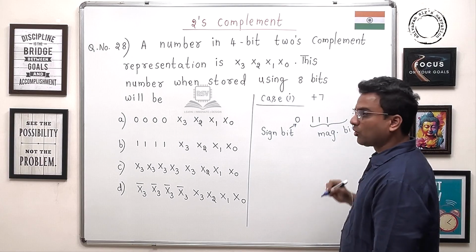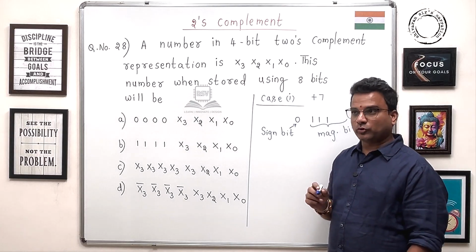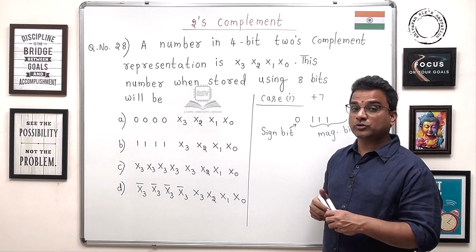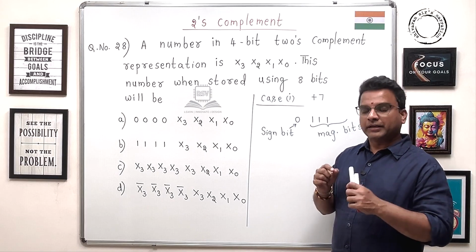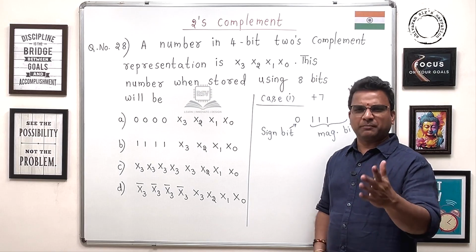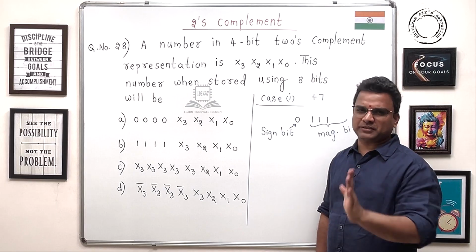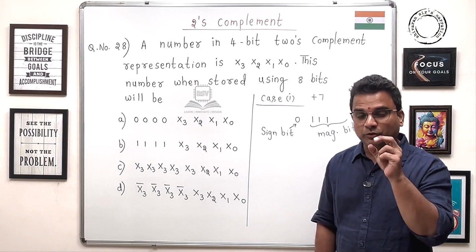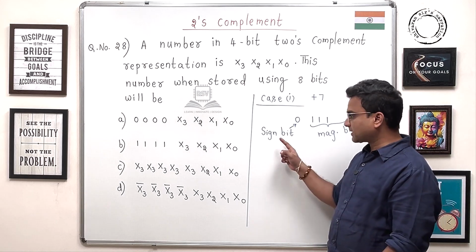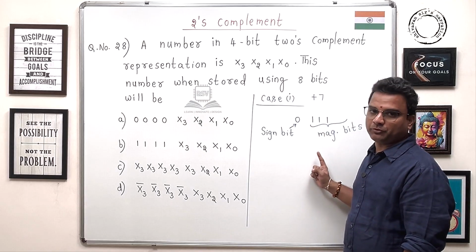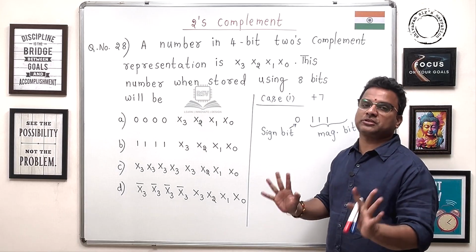And these ones are called magnitude bits. Okay, now we want to convert into 8 bits. Then what to do? It's very simple. However many bits you want to represent, you need to place that many zeros between the sign bit and the magnitude bits. That itself is the procedure.